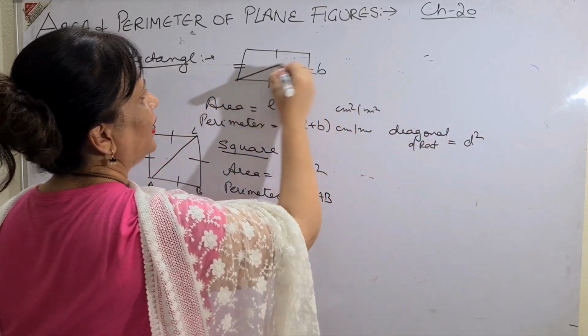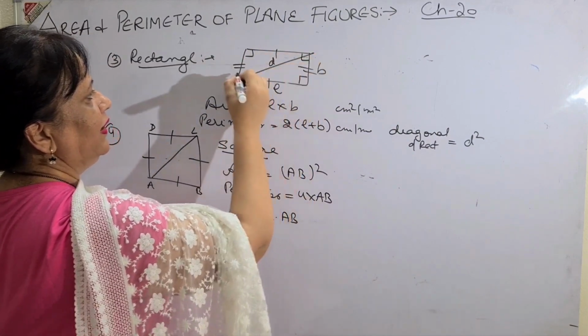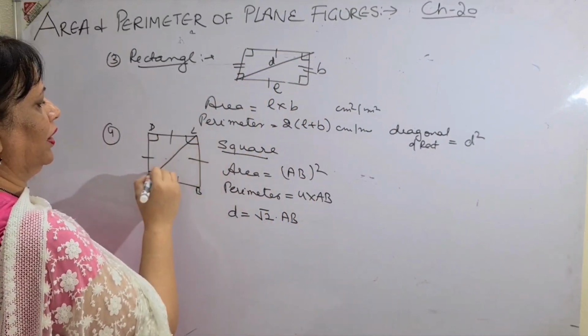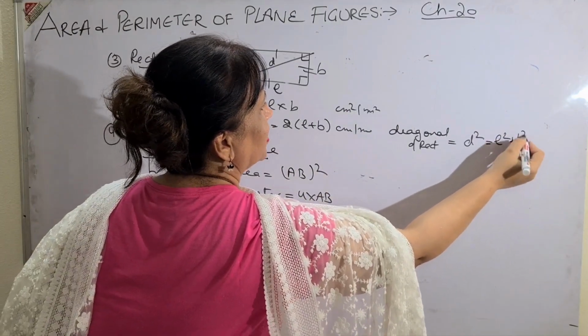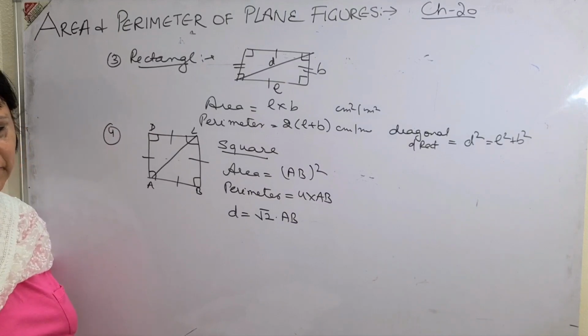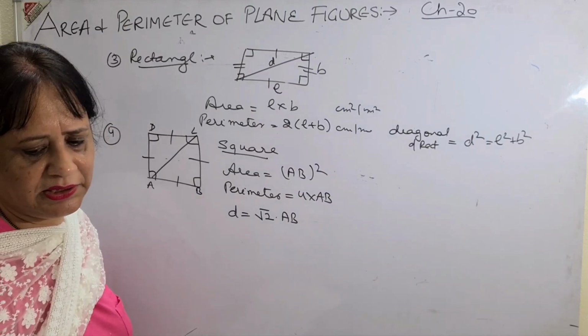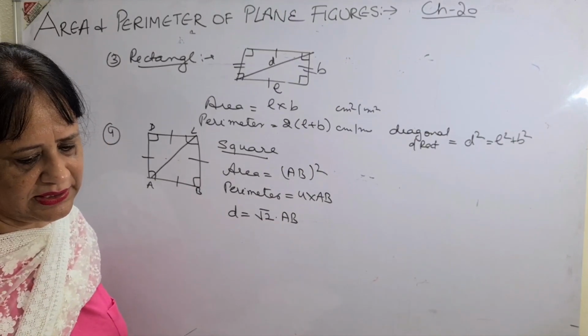Since in a rectangle all the angles are 90 degrees, similarly with the square, D square is equal to L square plus B square. So these are the formulas for diagonal. You may get questions on diagonals also, so I have discussed these formulas, and I know that we have done all this in 7th and 8th.